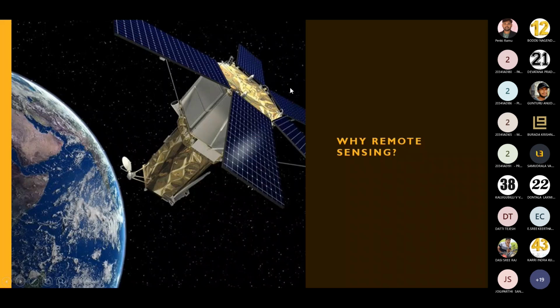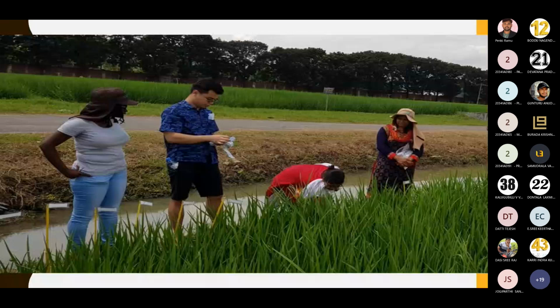But why remote sensing? These are the conventional ways of performing observations or taking measurements. One has to go to the field to collect the observations. For example, if you want to study the condition of the crop, whether the crop is healthy or not, is it under any stress?